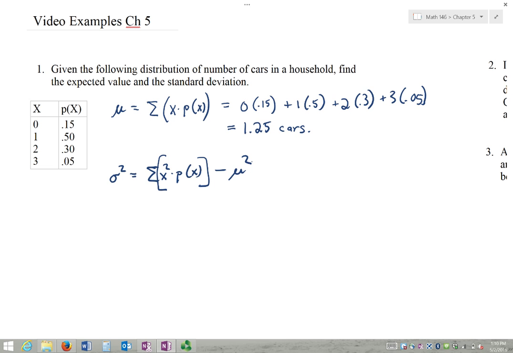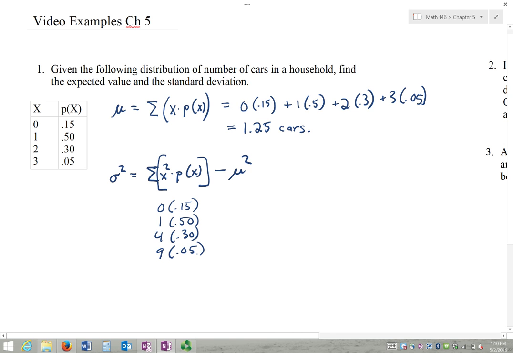So in this case, we have to find 0 times 0.15, 1 times 0.5, 4 times 0.3, 9 times 0.05. And if we do that, we did not calculate that one in advance.